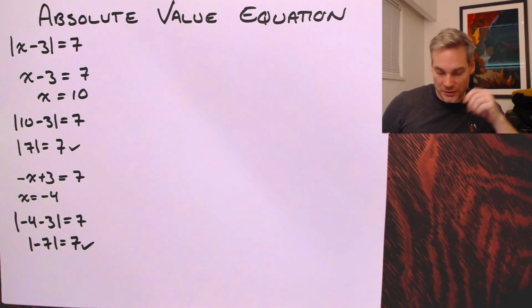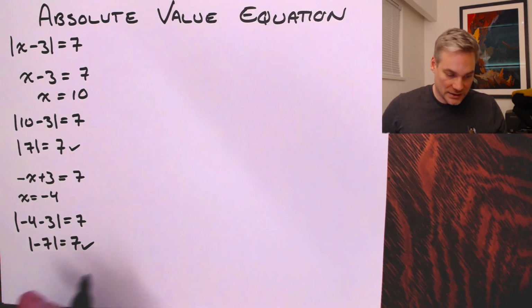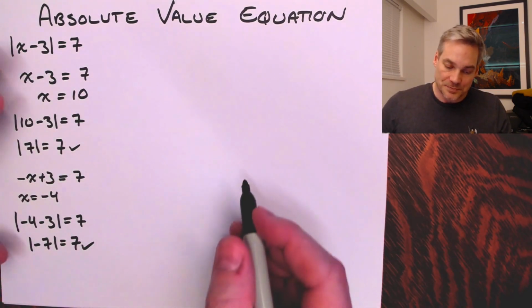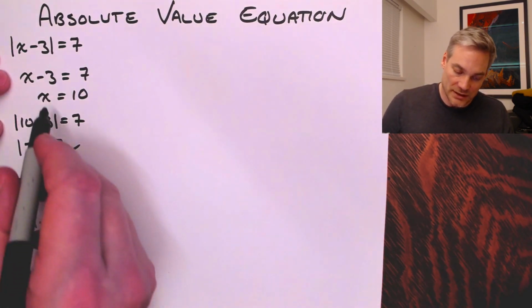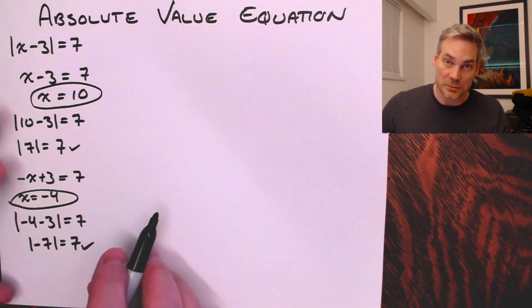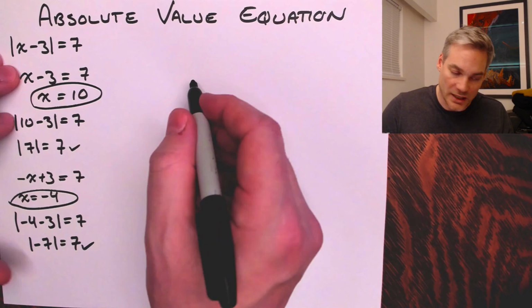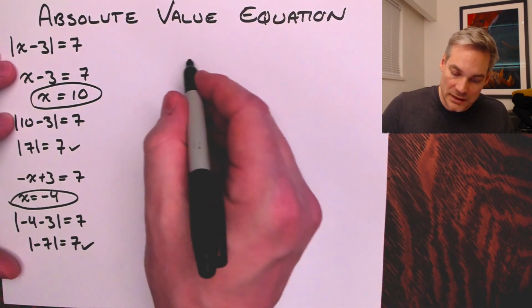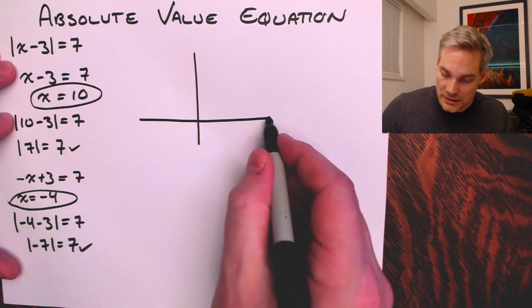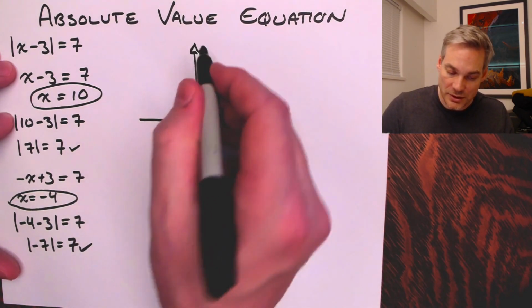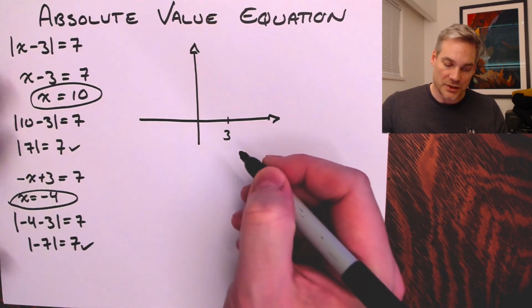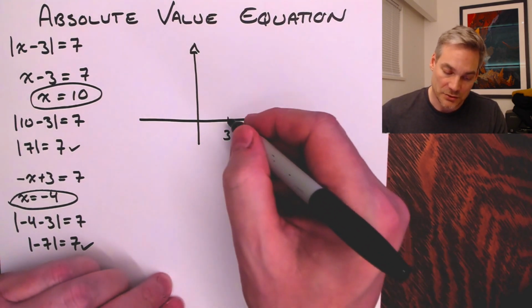And we know that's true as well. So we've kind of gone through and shown that this has two possible solutions here. So we know that x equals 10 and x equals negative 4 are possible solutions. Now if we just graph this quick, so if we just went like this, now when x equals 3, I know that that's where my graph will bounce.